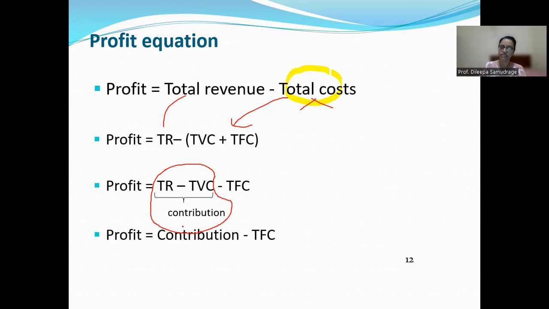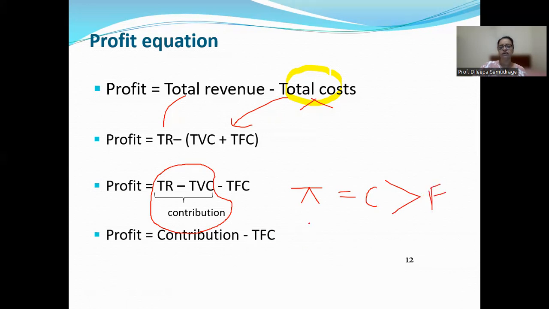So what is the loss situation? Take this equation and tell me. Profit means if contribution is greater than fixed cost, then you get a profit.